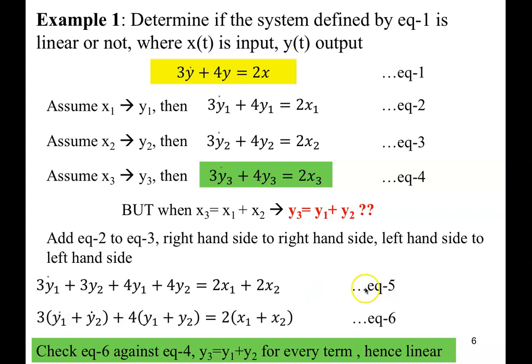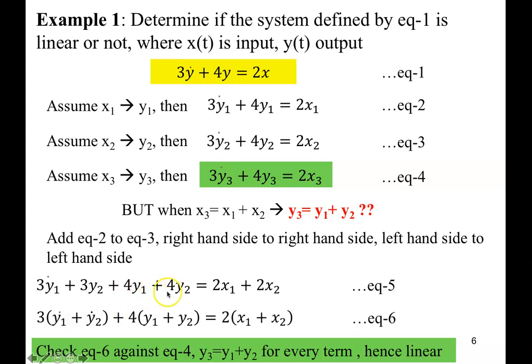I can reorganize that equation a little bit because I have y1 dot and y2 dot. The dot is not very visible here, but there's a dot on top. Because there's a common factor of 3, I can take that 3 out of the bracket, so that becomes 3 times (y1 dot plus y2 dot).